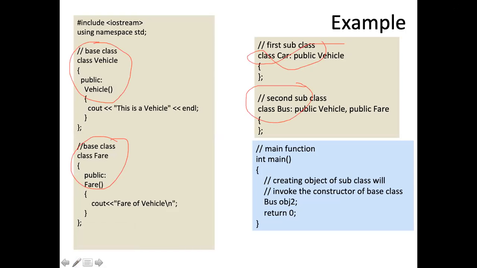The first subclass is car that inherits from vehicle only, and the second subclass is bus that inherits from vehicle as well as fare. Okay, and just to keep things simple, everything is public. The inheritance is public. So what will happen if I declare an object of the type bus, object 2, the type bus?